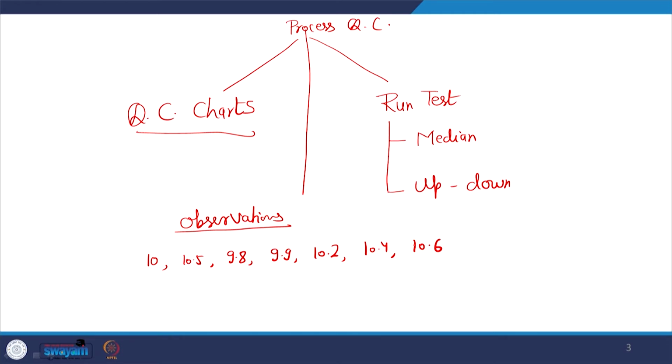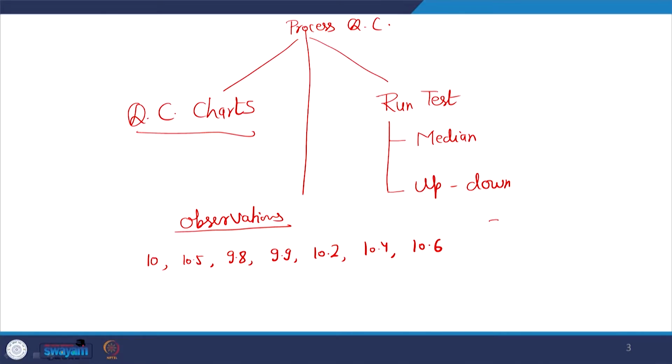Now, the median weight for this particular product is 10.3.